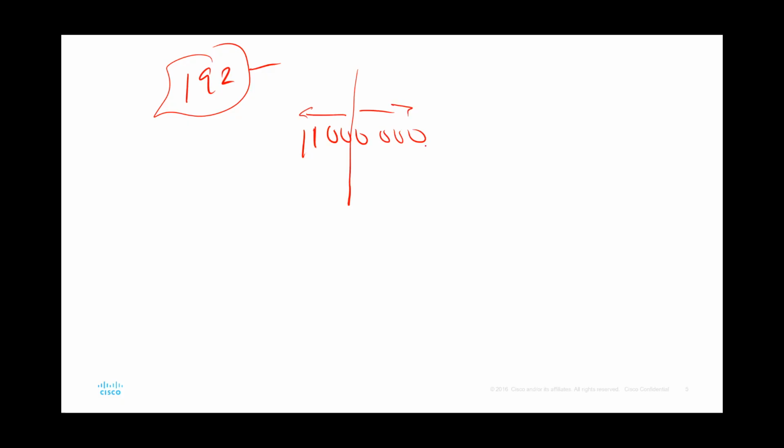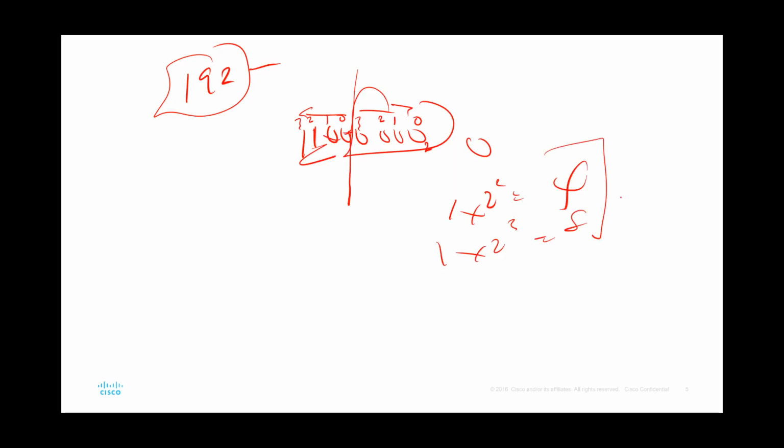What do I mean by that? Put this in base 2. Do as if you are going back to decimal. 0, 1, 2, 3. 0, 1, 2, 3. This side here is going to land on 0 in the long run. This other side, what will it give you? You cancel this one. 1 multiplied by 2 raised to power 2 will give me 4. 1 multiplied by 2 raised to power 3 will give me 8. 8 plus 4 is 12.